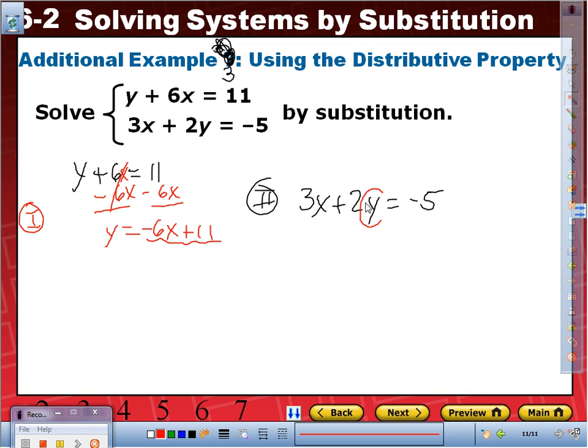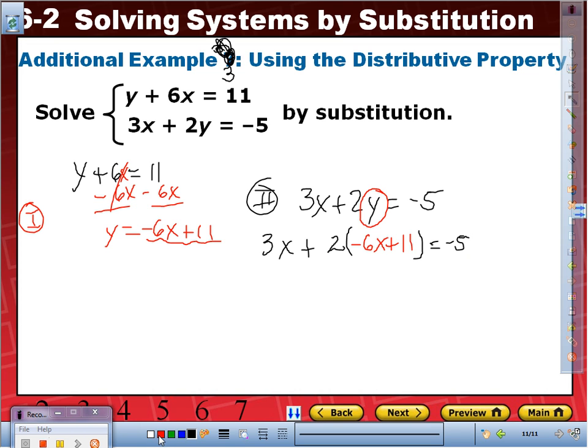So here, instead of y, I'm going to write negative 6x plus 11. But what's happening here to y? The 2 is doing what? Multiplying. So make sure you write that in the parentheses and you write the 2 multiplying that. And let's bring everything else down. 3x plus 2(negative 6x plus 11) equals negative 5.